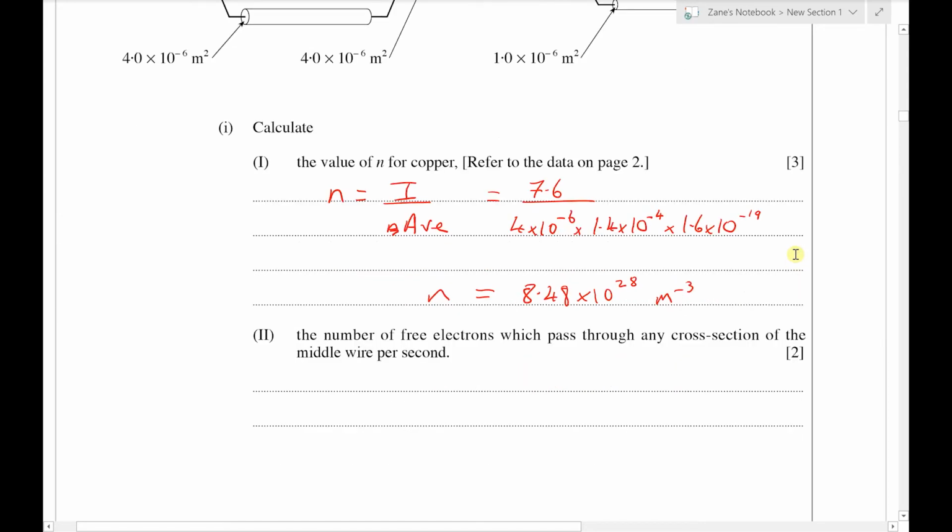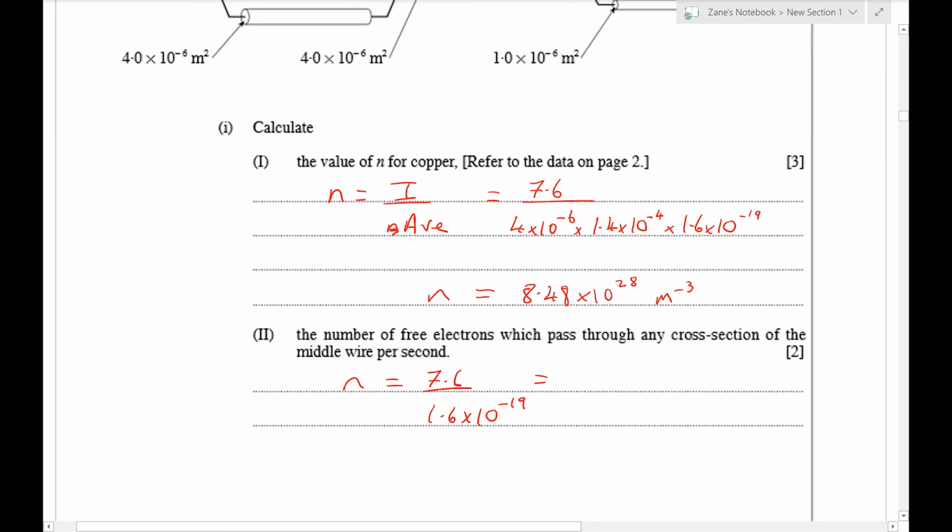Next, we've got to calculate the number of free electrons which passes through any cross-section of the middle wire per second. Well, here we've got to remember that current is the rate of flow of charges, basically how quickly the charges are flowing. The charges are all 1.6 times 10 to the minus 19. So to find our number of free electrons that's flowing per second, all we're going to do is take the current of 7.6 amps and divide it by 1.6 times 10 to the minus 19 coulombs.